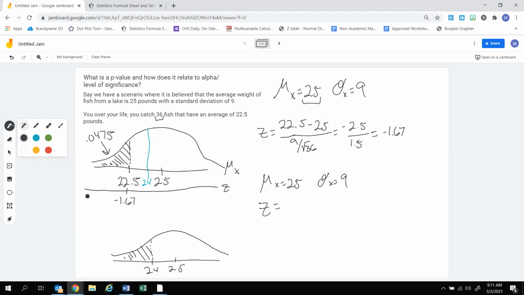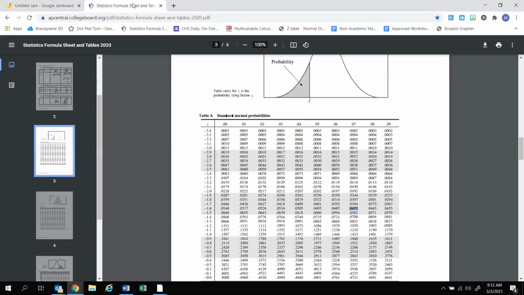So if I'm going to crunch this, it's going to be 24 minus 25. Same thing. He also got a sample of 36 fish. So that's going to give us negative 1 over 1.5, which is negative 0.67. All right, I go look on my formula sheet.